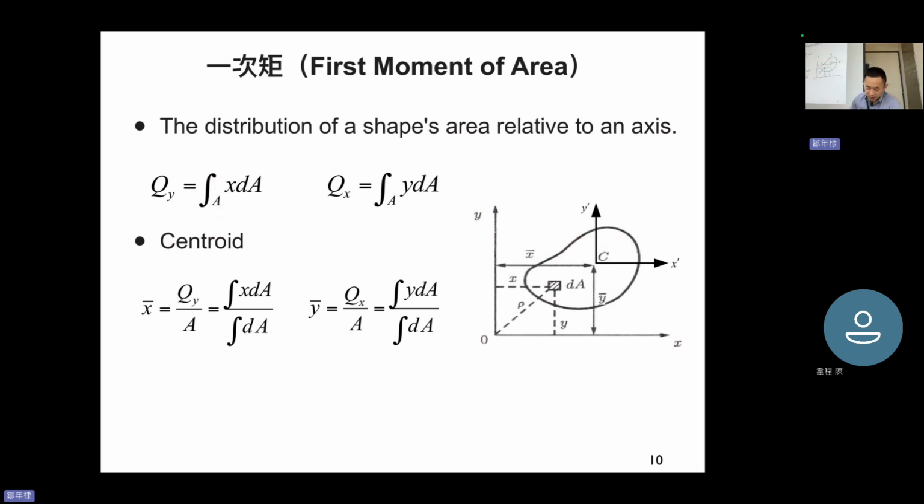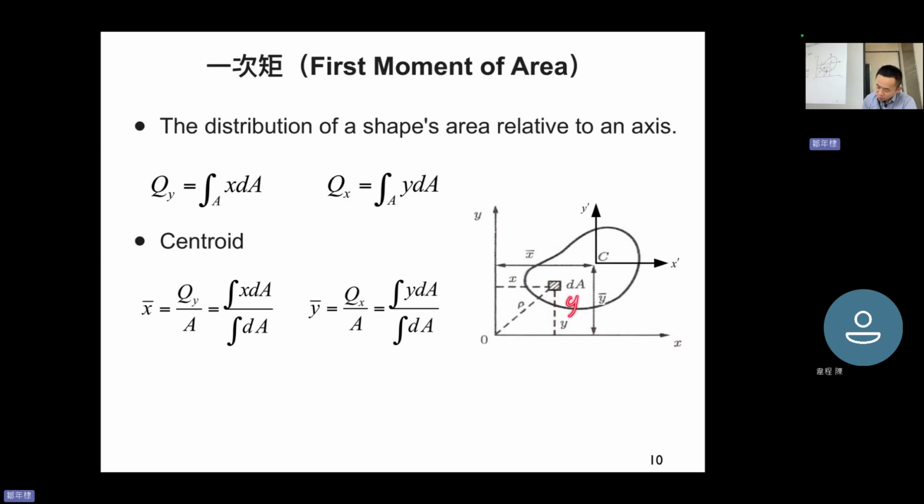We need to integrate over all the area. So you see the A times the x, the A times the x. This is describing how the area corresponds to the y-axis. And the other one is Qx, which means the area relative to the x-axis by y coordinates, right?